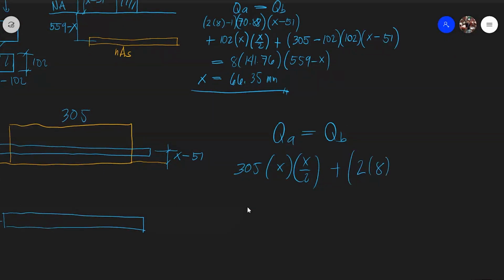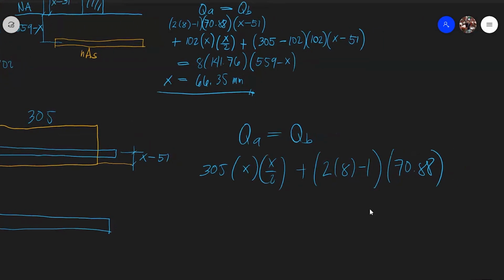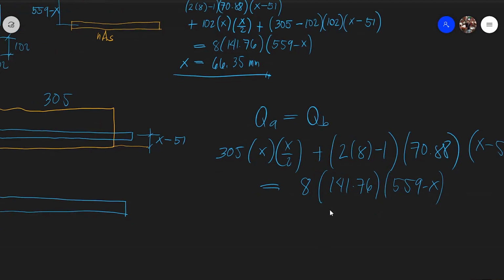Yes, 8. So 2n minus 1 multiplied by ES prime, that is 70.88, multiplied by the distance x minus 51. This is equal to n AS, where n is 8 and AS is 141.76, multiplied by 559 minus x. That is our working equation.